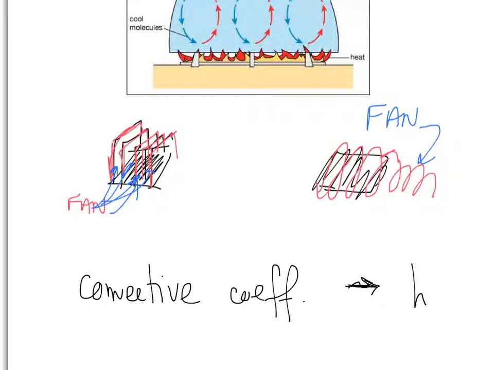And H has to do with some properties such as the buoyancy of the fluid, the pressure differential, what else did I write down? And the conductive nature of the fluid itself. So H is a material property. You don't have to know much more about it besides the fact that if H is higher, more heat transfer occurs, just like the last one. As the K value increases, more heat transfer occurs via conduction in the last example.